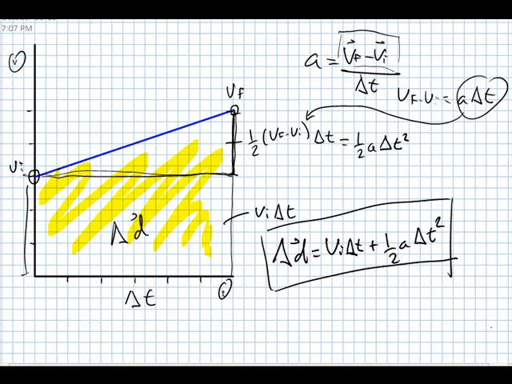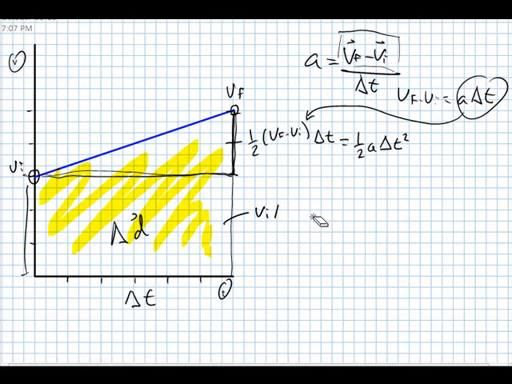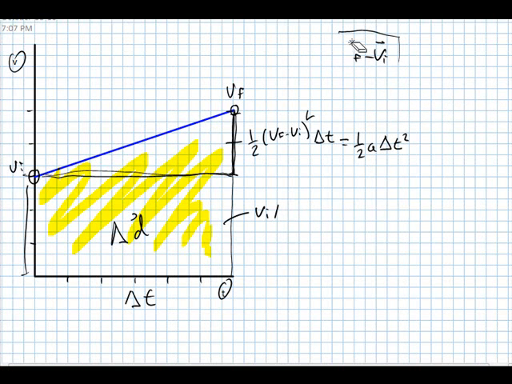We have two of our equations, but those are not the only ones that we can figure out from this. So I'm going to erase this to clear some space.